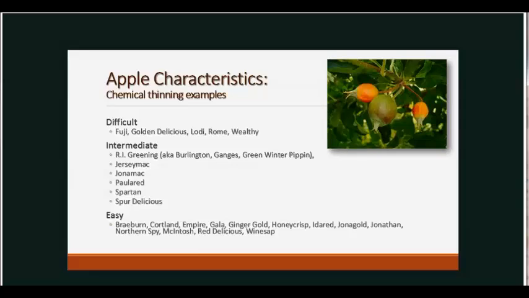After about a week's time, what you start seeing is that 2 of the smaller fruit have ceased their growing, and they're starting to dry up and die. And the central one, the king bloom in this particular case, or the king fruit, is continuing to grow. So this is one of the signs that you see chemical thinning would be visible. In this particular case, those would drop off.